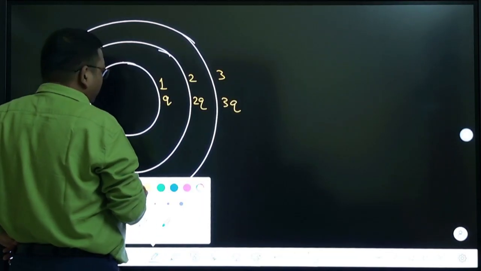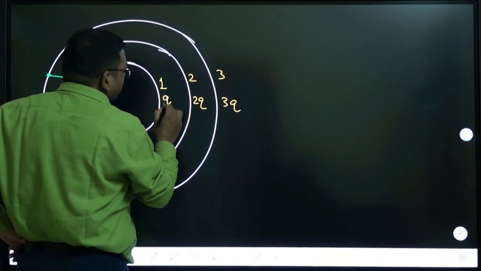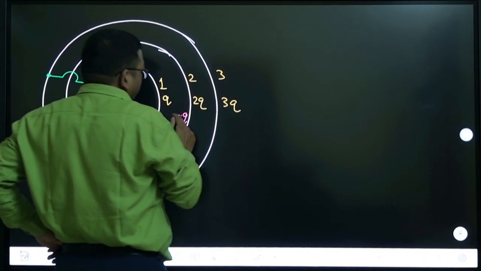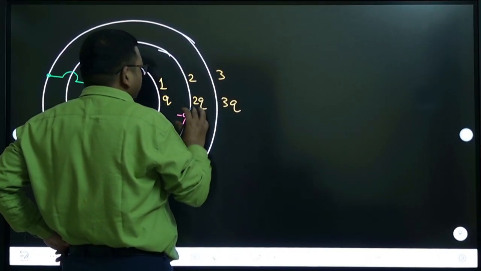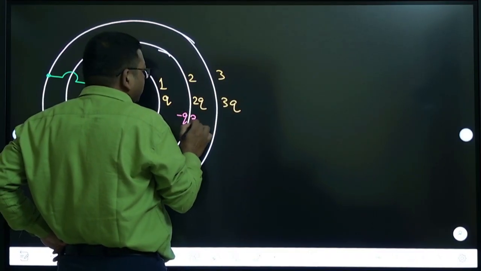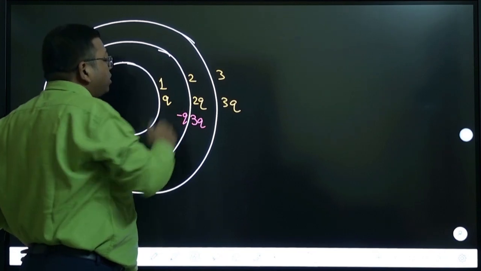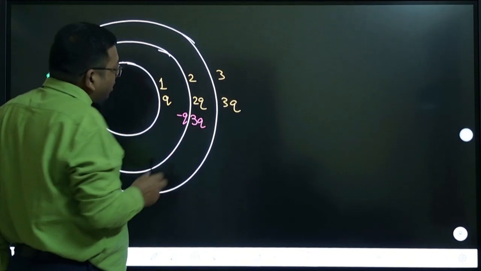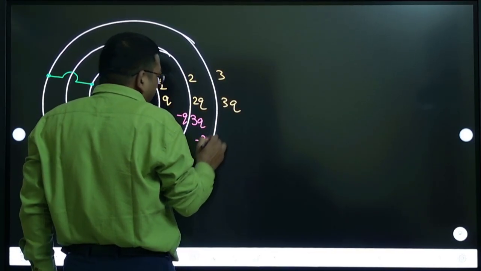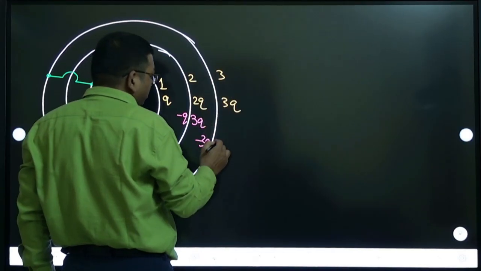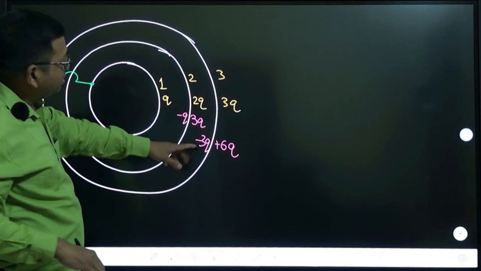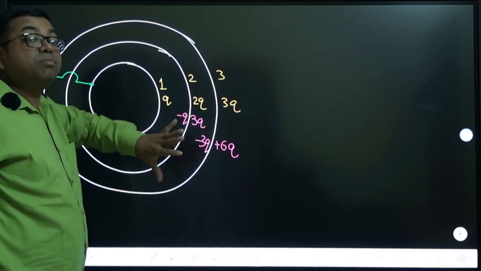So suppose I write this charge as q, then due to this, minus q will appear here. The remaining charge here will be 3q, because 3q minus q gives 2q, the total charge. Now on the outer surface 3q, so here must again be minus 3q, and since the total charge is 3q, here must be plus 6q. So plus 6q minus 3q gives 3q. This is the charge distribution before.